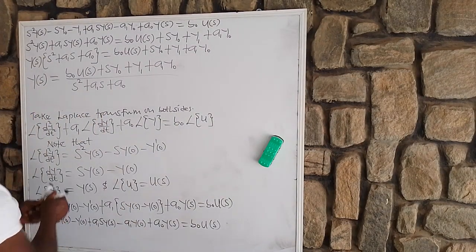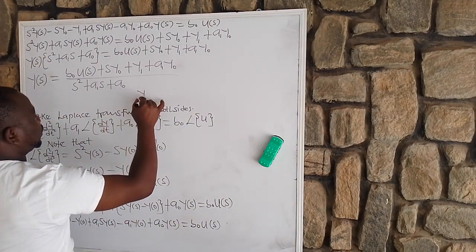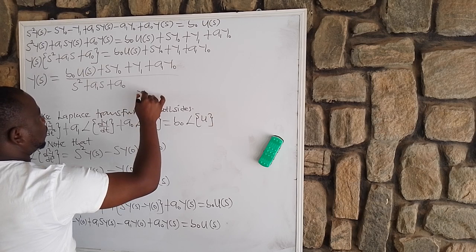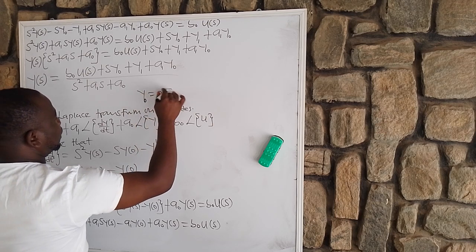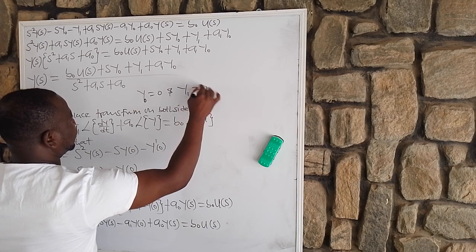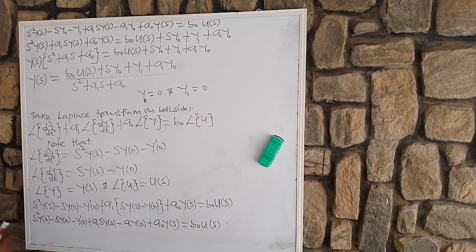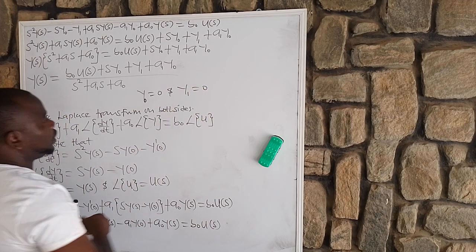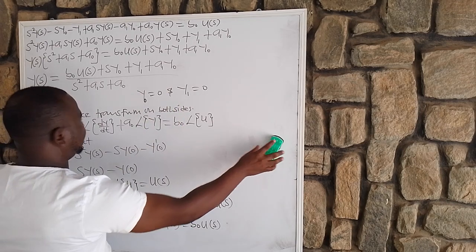What do I mean by that? It means y0 must be equal to 0 and y1 must be equal to 0. So we are going to substitute in zeros here.